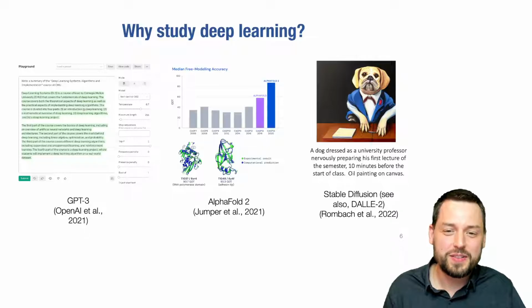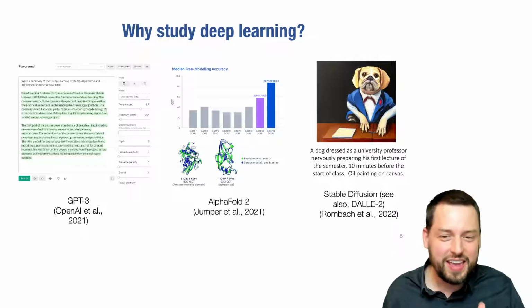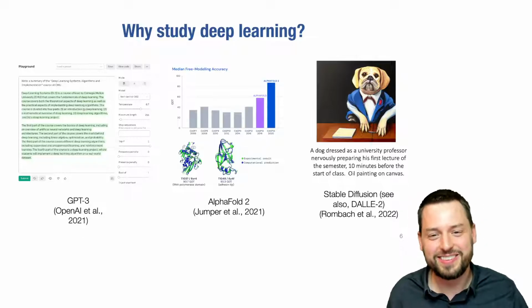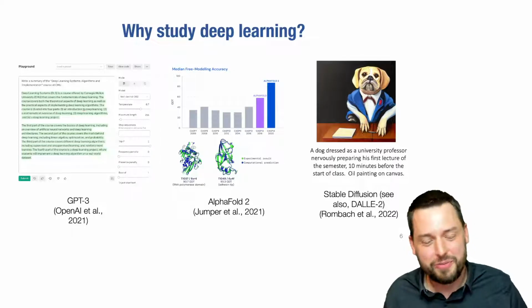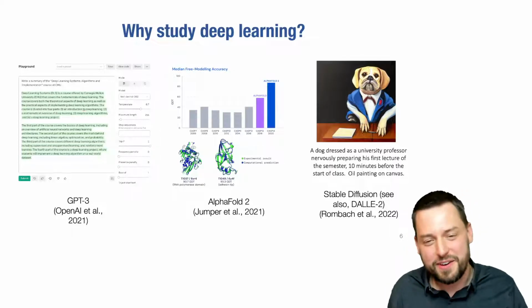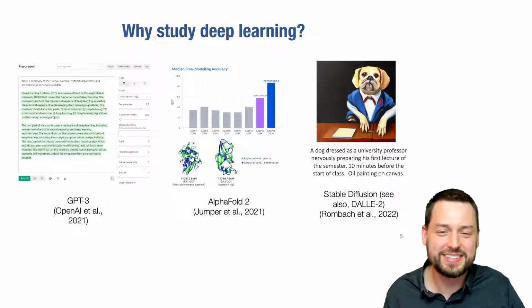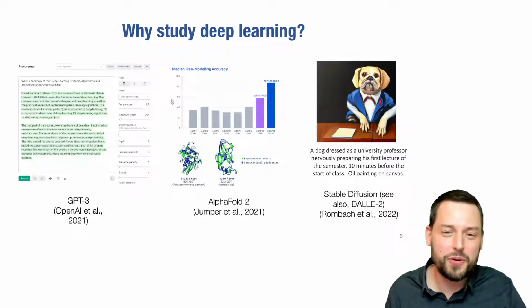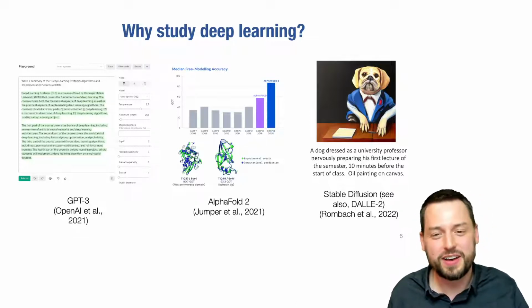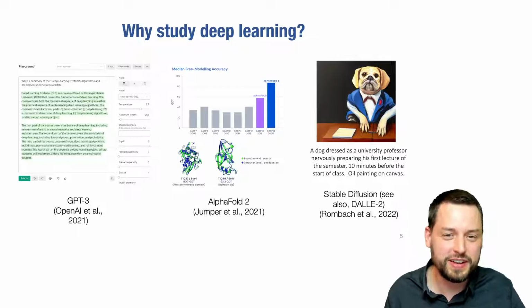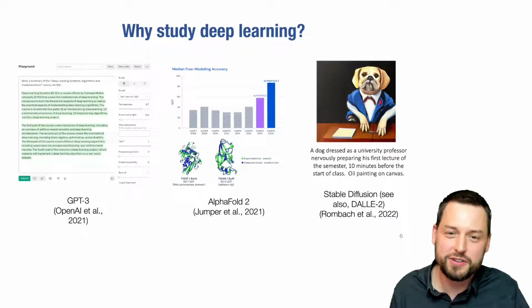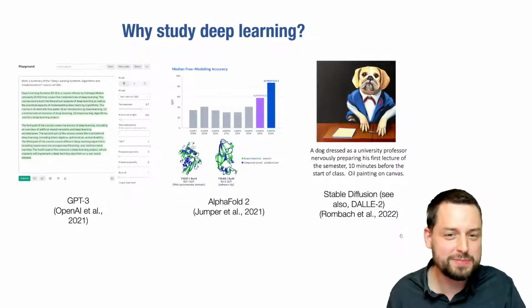But these systems are amazing in that they can take a text prompt that probably no one has ever really thought of before, and generate a very realistic painting or image that corresponds to that text. So here I wrote the text prompt of a dog dressed as a university professor, nervously preparing his first lecture of the semester 10 minutes before the start of class.